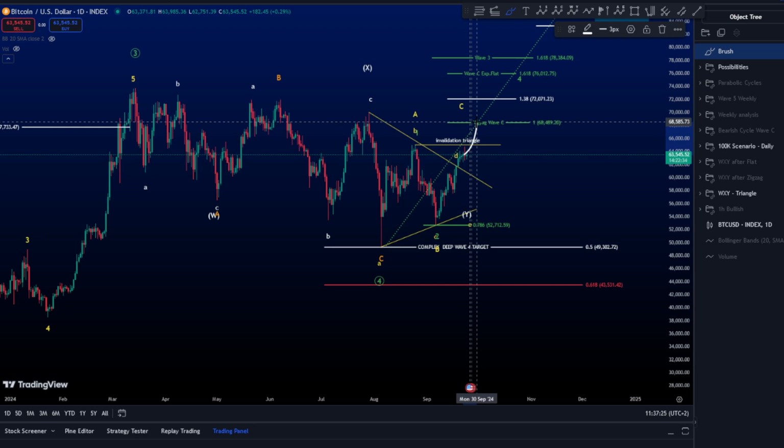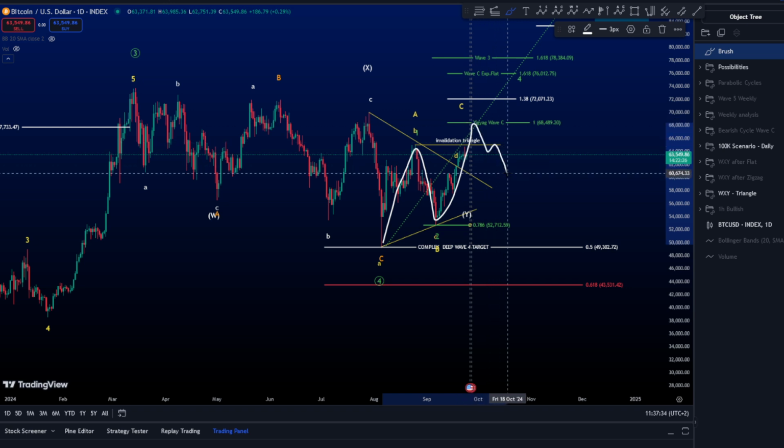Once we reach this fib level for a wave C, in case this is a finished zigzag or a regular flat, if we see a retracement with 3 waves towards the downside, then this is a correction, and by all means we want to see continuation again towards the upside.